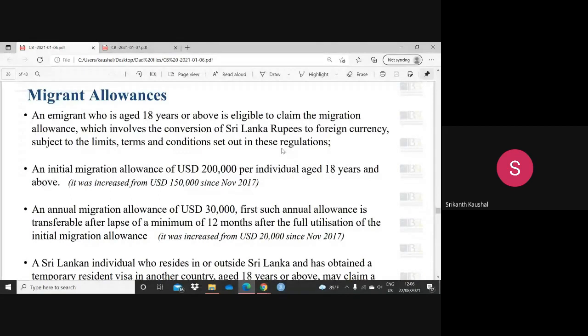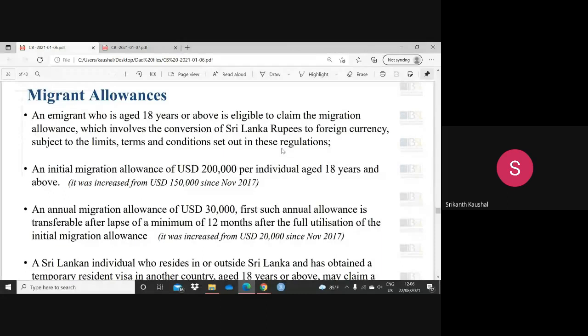Look at the second, initial migration allowance. Look at the third point, annual migration allowance. So you should know migration allowances are of two types, initial and annual. Initial is one time, only one time you can take. Annual, every year you can take.